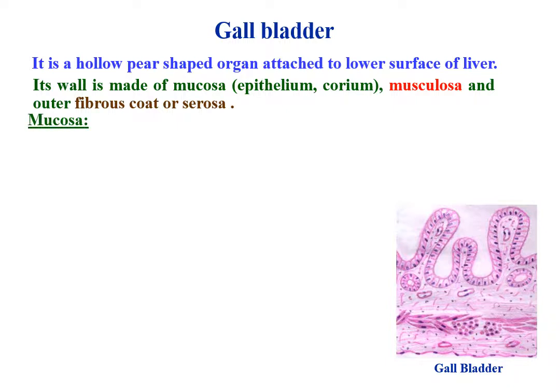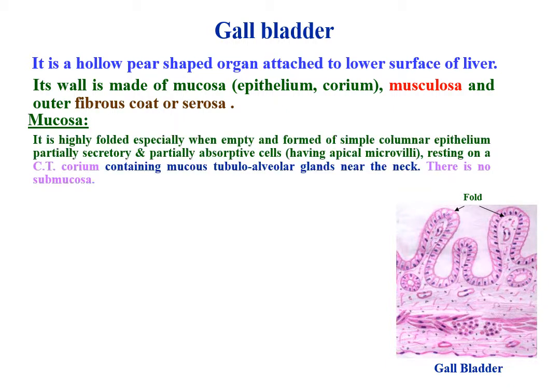It is highly folded, especially when the gallbladder is empty, and is formed of simple columnar epithelium, partially secretory and partially absorptive cells having apical microvilli. The epithelium is resting on a chorion containing mucous tubuloalveolar glands near the neck of the gallbladder.